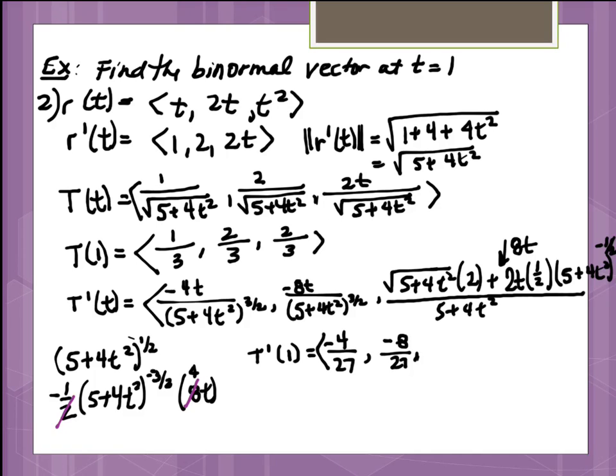Right, and then the last one is going to give you 3 times 2 plus 8t squared. So that's just going to be 8, over 9, all over 9 here as well.